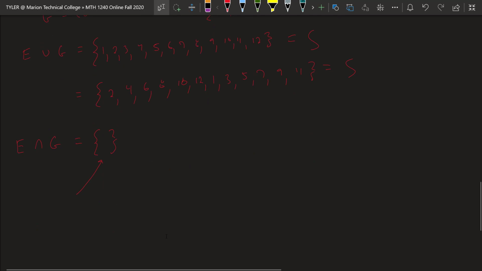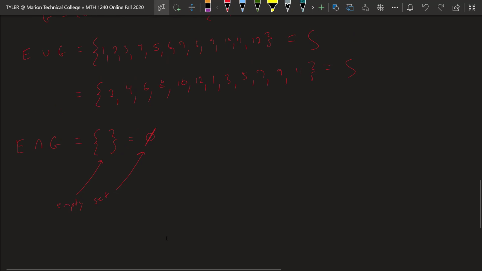This is referred to as the empty set. We can write it with set notation, with nothing inside, or you can show it as a 0 with a slash through it. That's called the null value. These two symbols are different ways to represent the empty set.